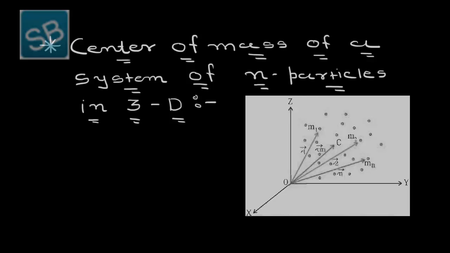So here the figure is provided in which a system of n particles in 3 dimensions. Which are the 3 dimensions? This y, z and x, and this O represents the origin.